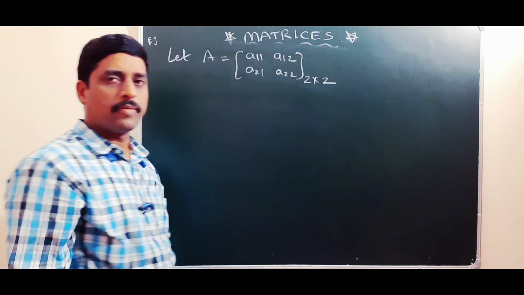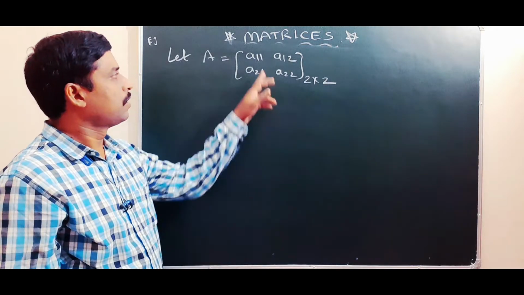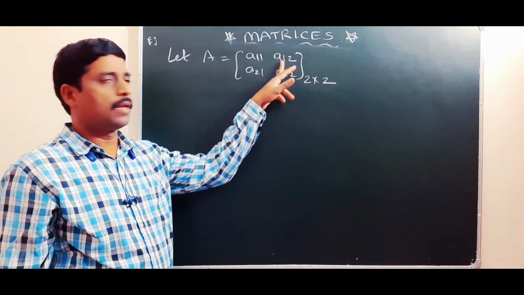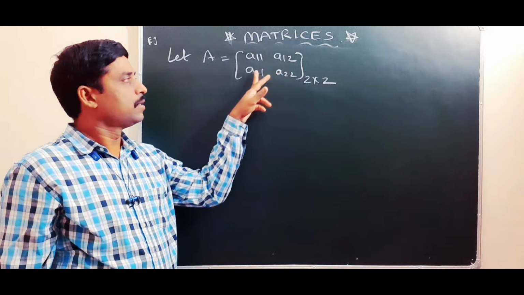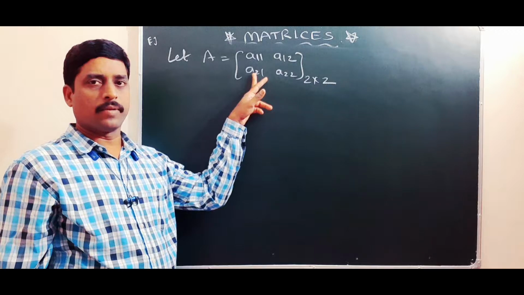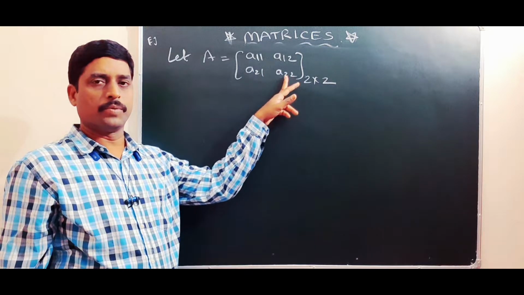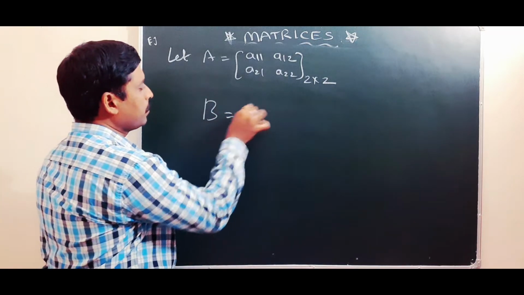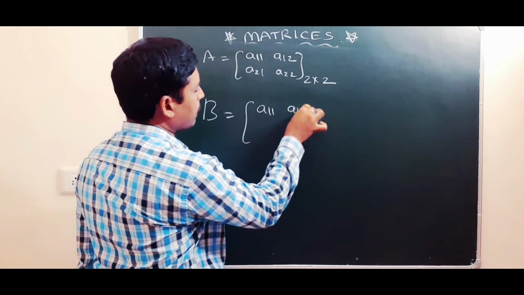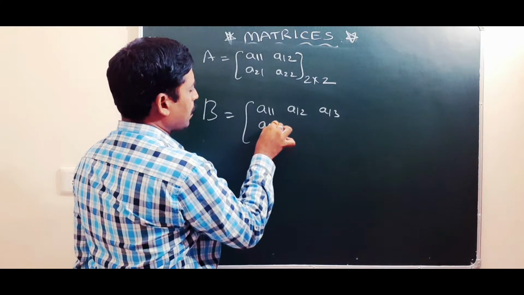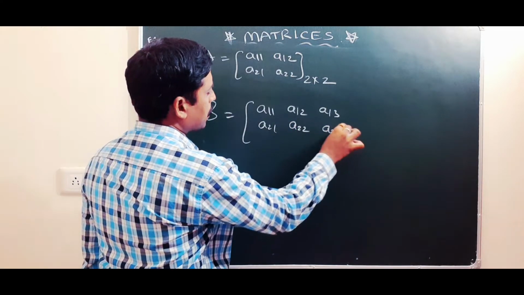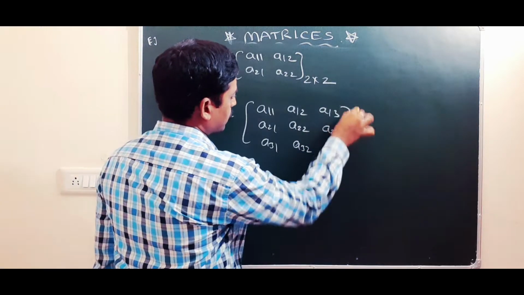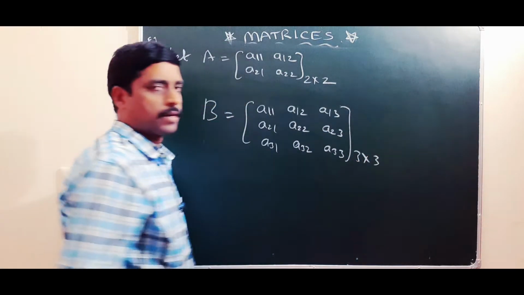This matrix has 2 rows and 2 columns, where A11 is the first row, first column element, A12 first row, second column, A21 second row, first column, A22 second row, second column elements. One more example: A11, A12, A13, A21, A22, A23, A31, A32, A33. This is a 3 by 3 square matrix.